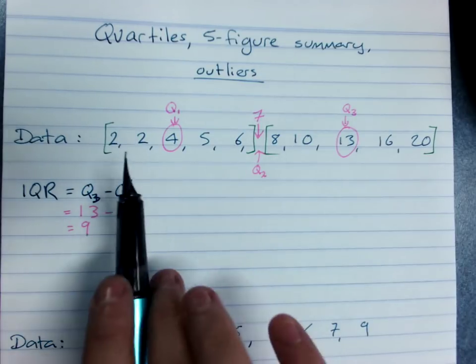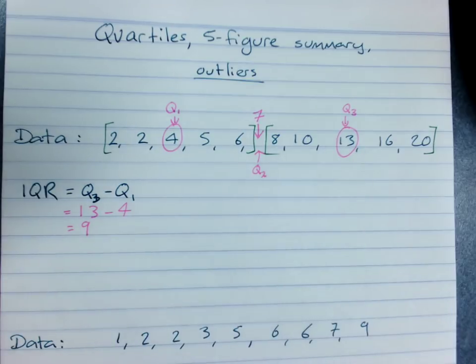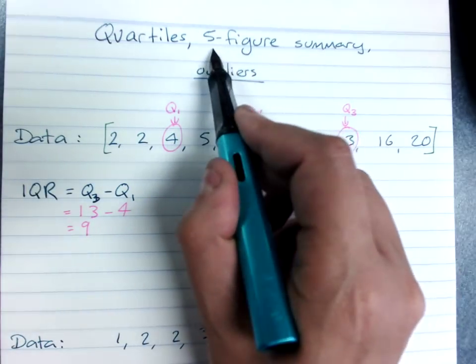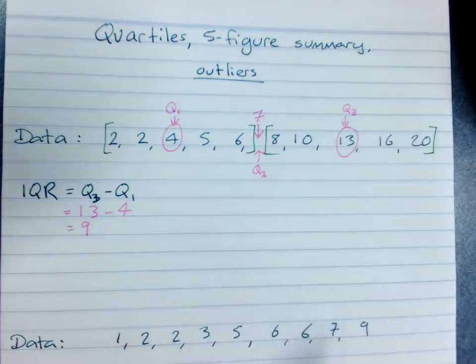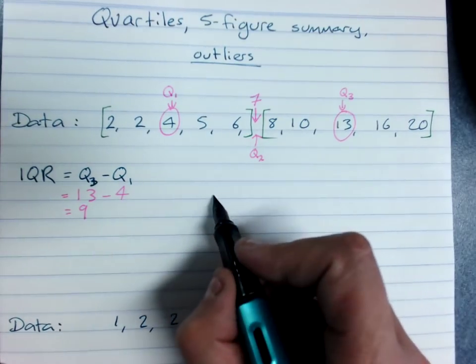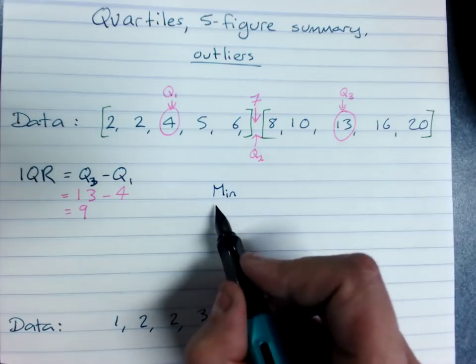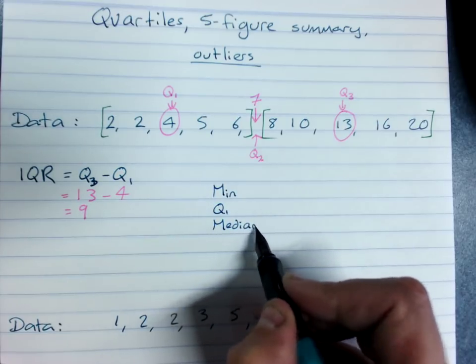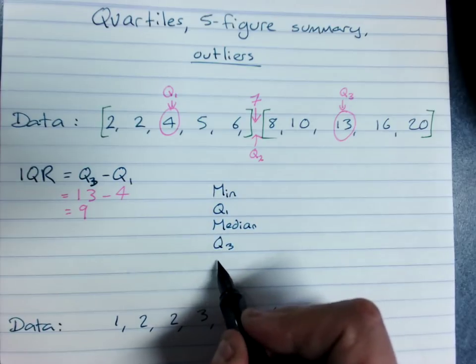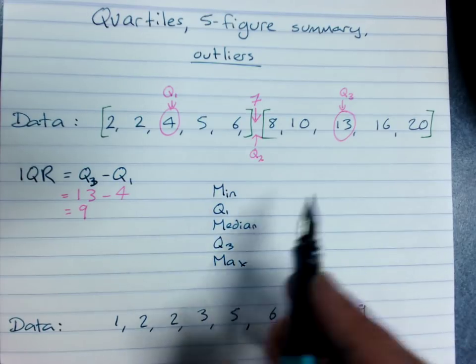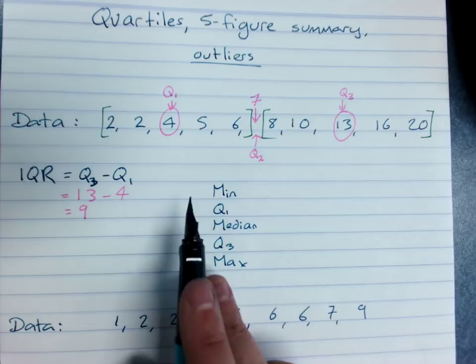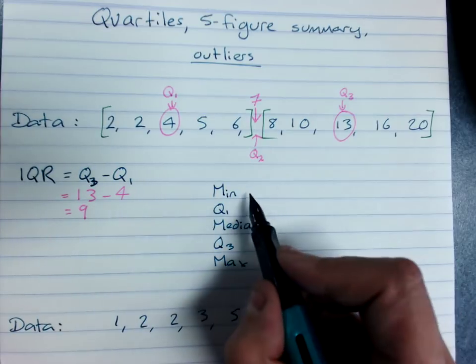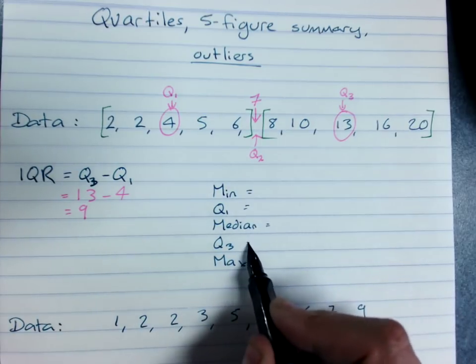So that has introduced you to finding quartiles. Now a 5-figure summary is 5 digits labelled, please. It's the minimum score, Q1, the median, which is Q2, Q3, and the maximum score. You would set it out like this. So this is the setup for a 5-figure summary. You put your little equal signs.